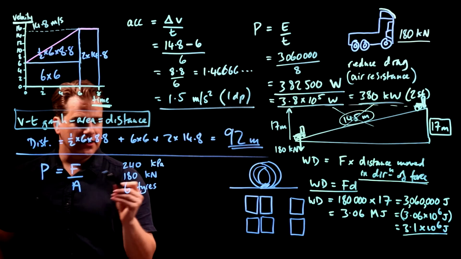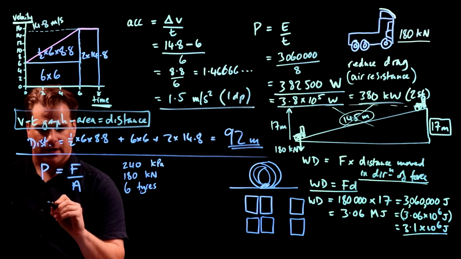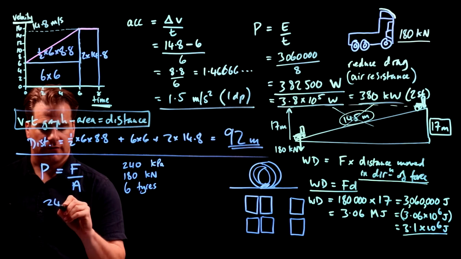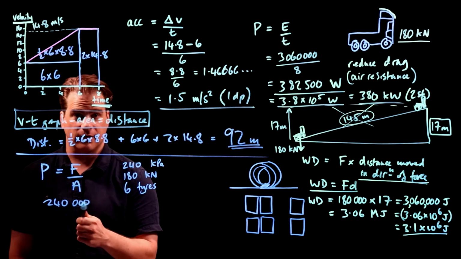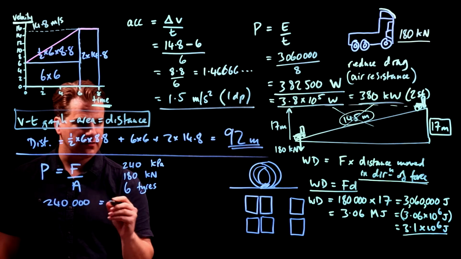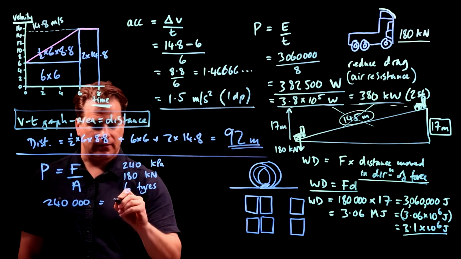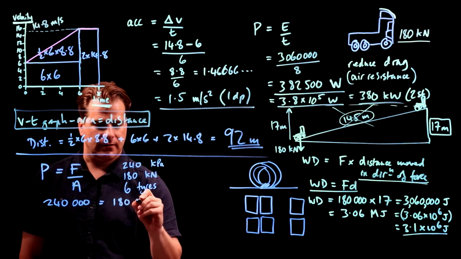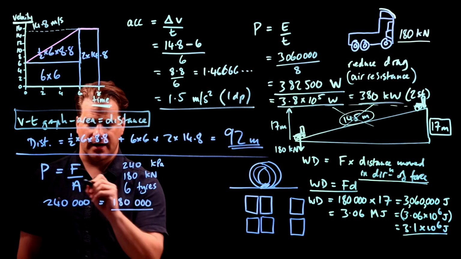The pressure is force over area, so let's just stick it in. So we're told that 240 kilopascals, convert to the correct unit, has to be in pascals. Pressure is force. The weight down is 180, convert to the correct unit, has to be newtons. Newtons divided by the area.